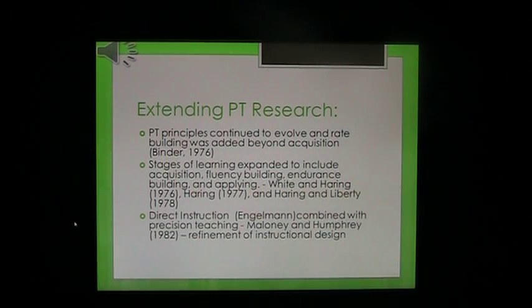Direct instruction is combined with precision teaching in the Maloney method, and it was about the refinement of instructional design. And I did notice that there are schools out there, academies out there in the United States. Direct instruction and precision teaching are both there. I don't see precision teaching without direct instruction.